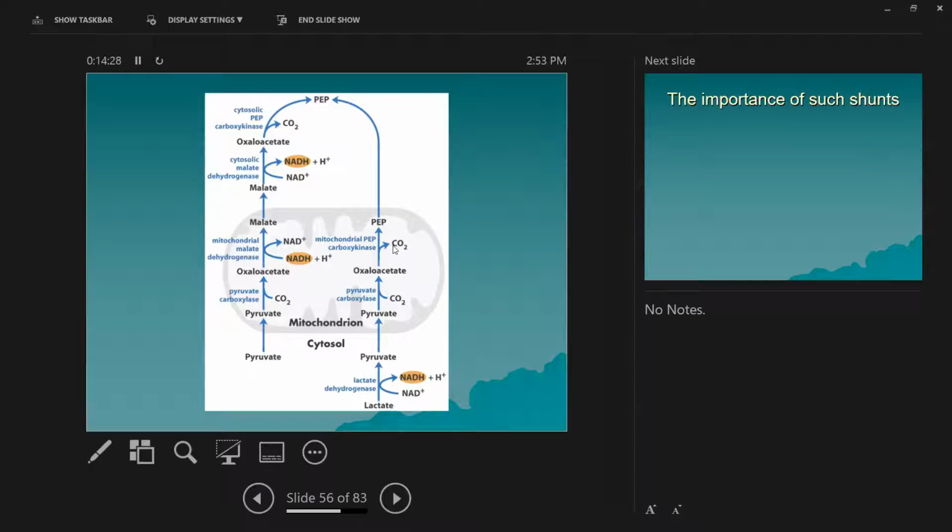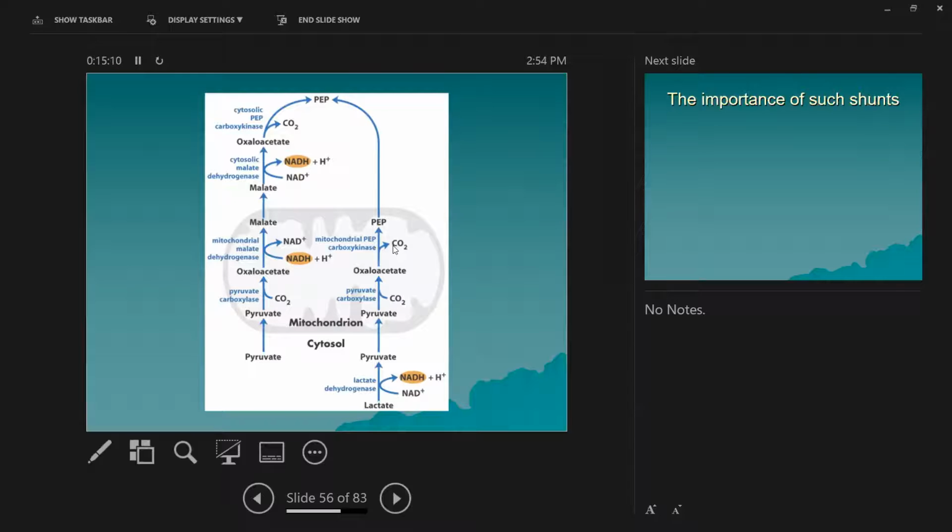So pyruvate and phosphoenolpyruvate are easily shunted from the mitochondrion to the cytosol. So these reactions with phosphoenolpyruvate can occur either in the mitochondrion or in the cytosol, also because there's two isozymes of PEP carboxykinase. So if you make PEP in the mitochondrion, no bother, you can send it straight to the cytosol, not a problem.